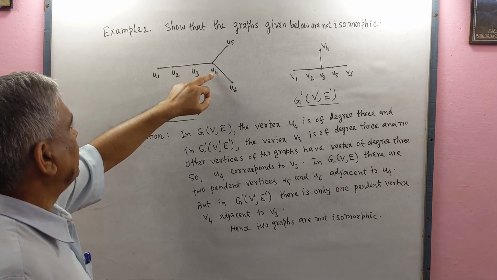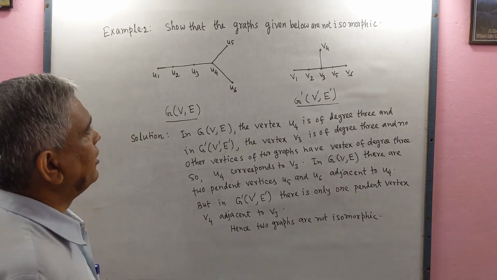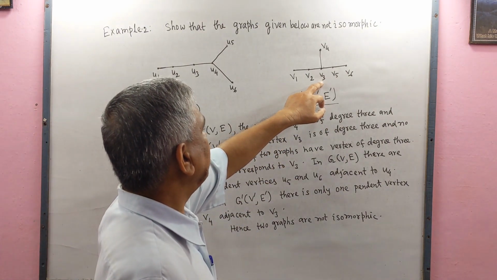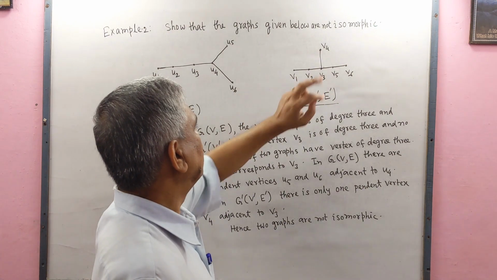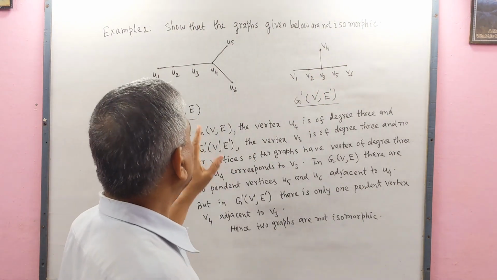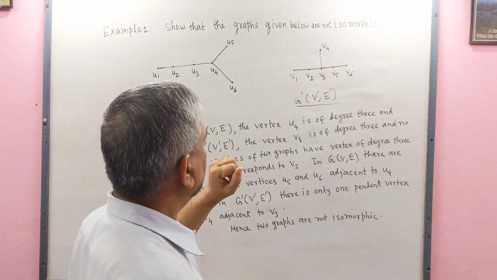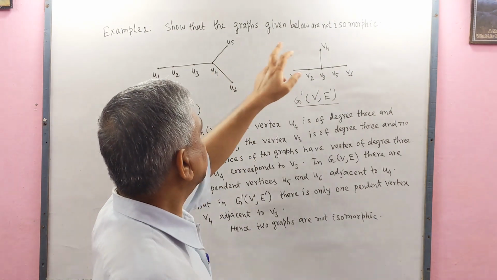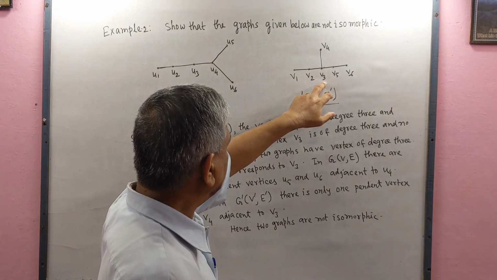So the degree of U4 is 3. In G', we see that vertex V3 is of degree 3. So if the two graphs are to be isomorphic, then U4 corresponds to V3.